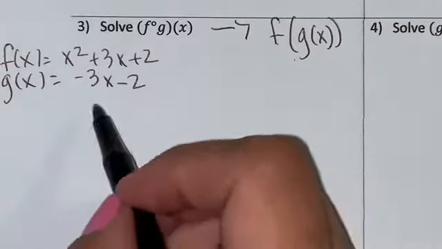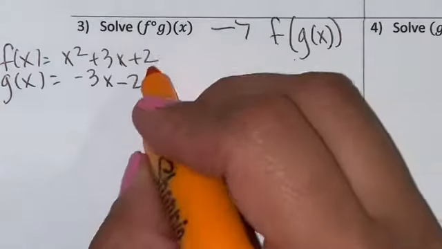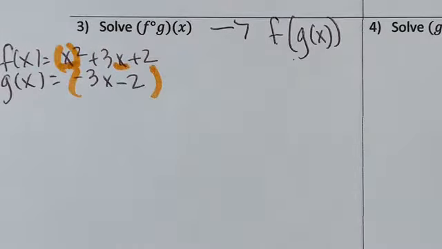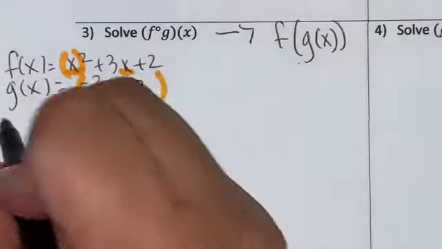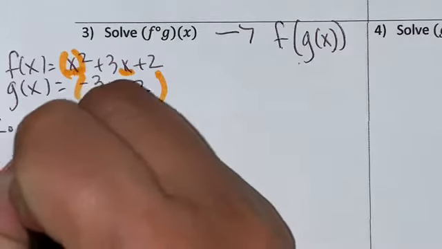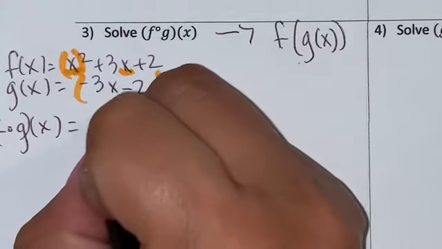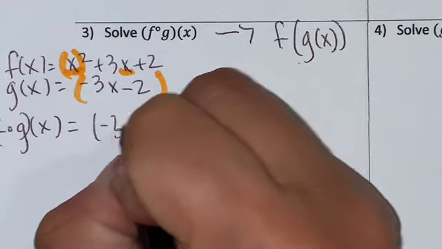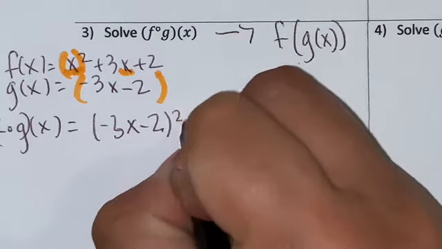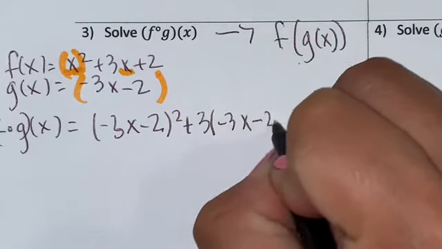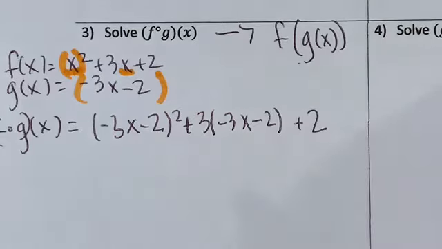So whatever this whole thing is, it's going to become every single x. So f of g of x equals negative 3x minus 2 squared plus 3 times negative 3x minus 2 plus 2.